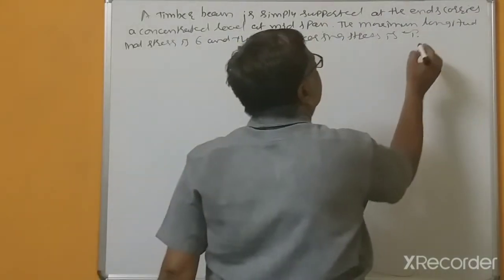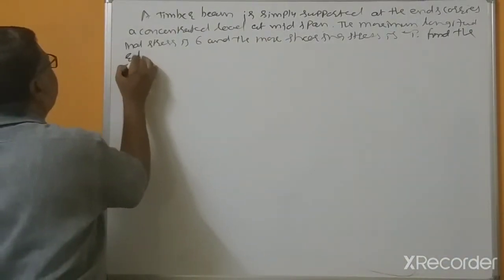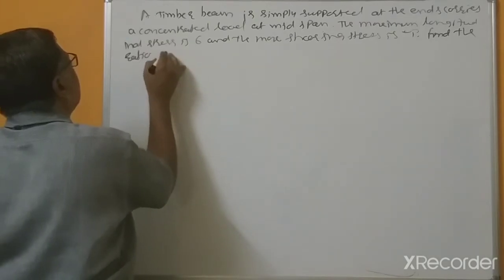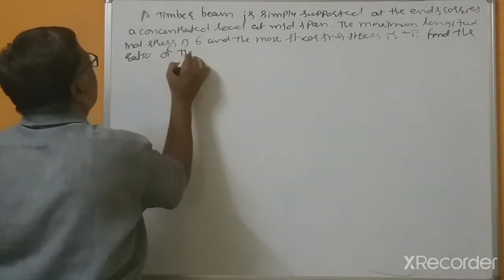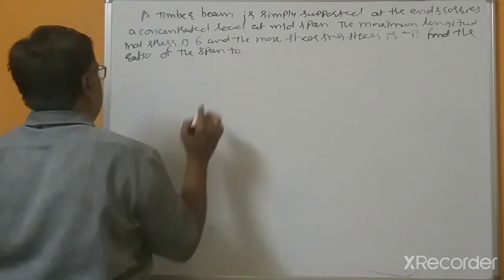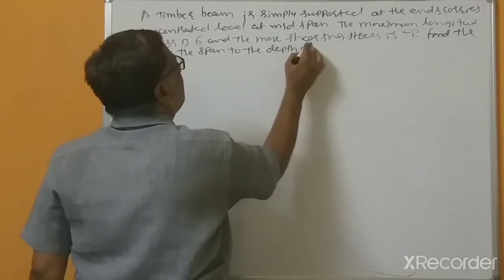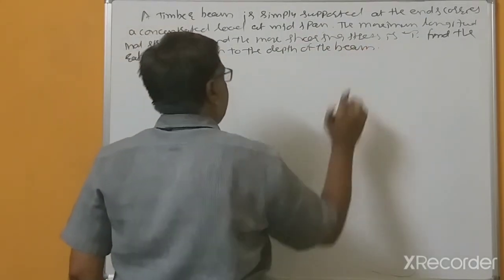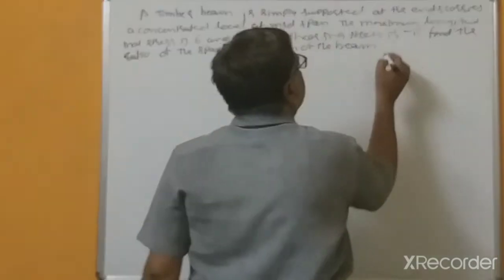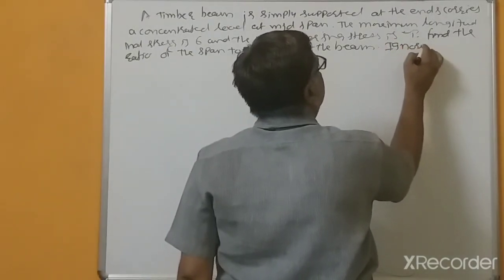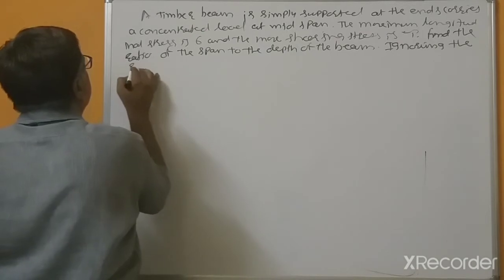Find the ratio of span to the depth of the beam, ignoring the self weight of the beam.